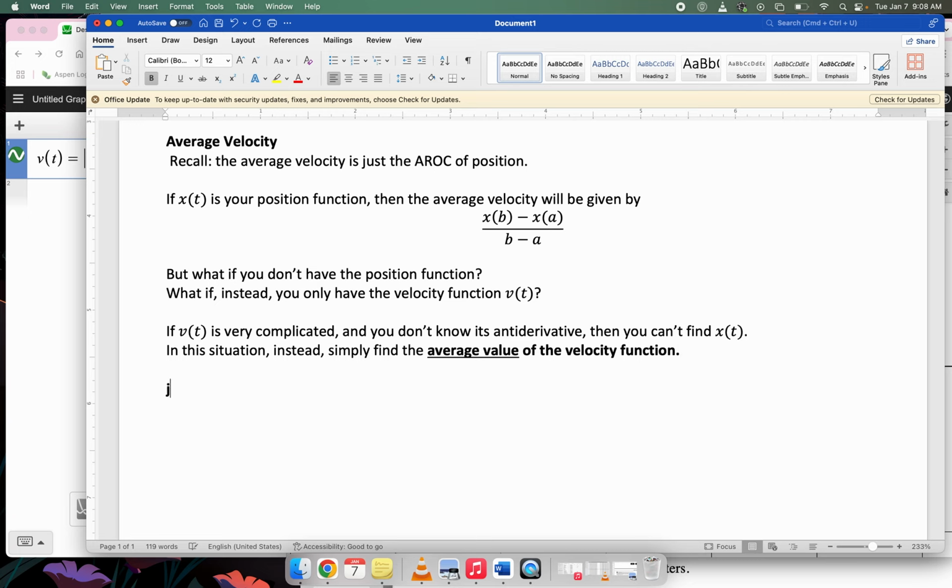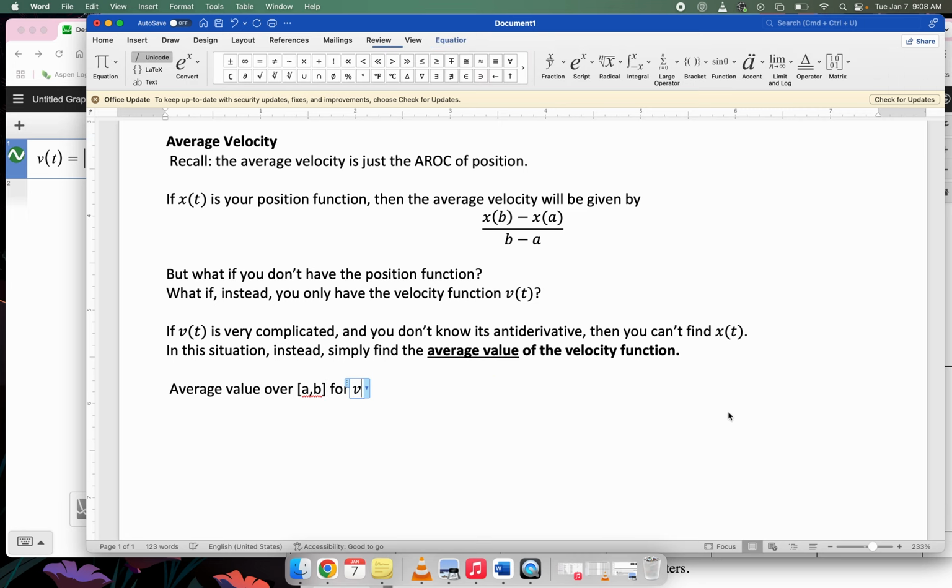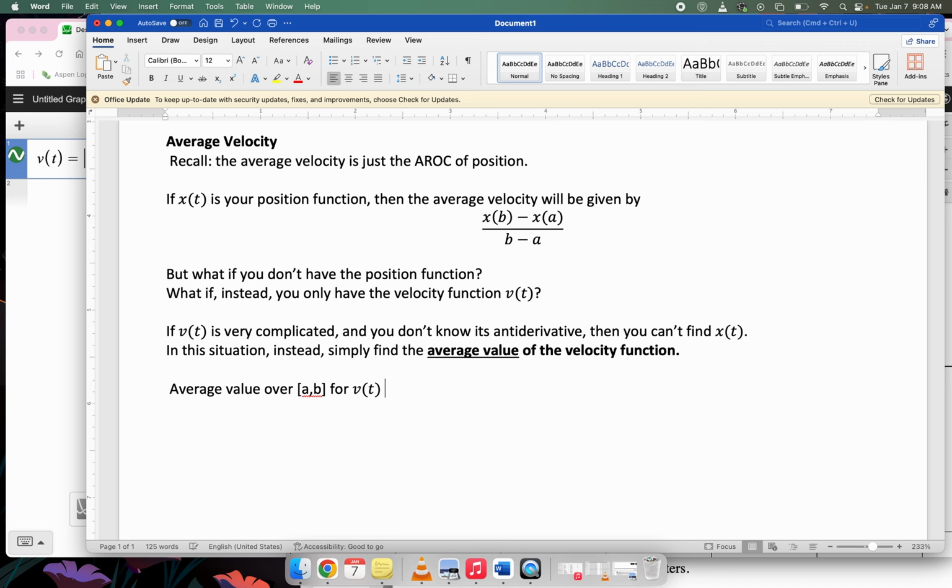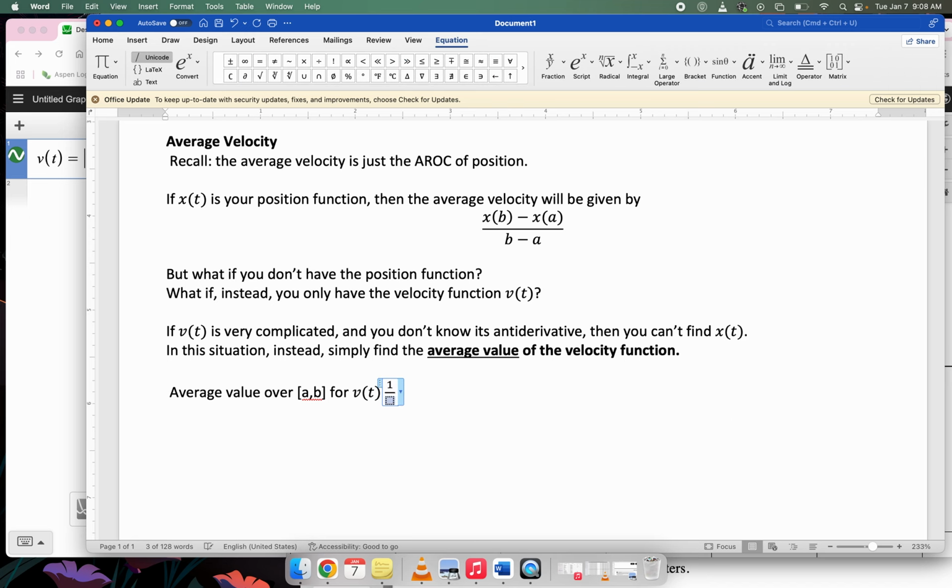In fact, the proof is not hard at all. Because look, if I take the average value over the interval a to b for the velocity function, what would the formula be for that? It would be 1 over b minus a times the integral from a to b of v of t dt. That's average value applied to the velocity function. Okay, well, theoretically, if I found an antiderivative for v of t, I could evaluate this integral.